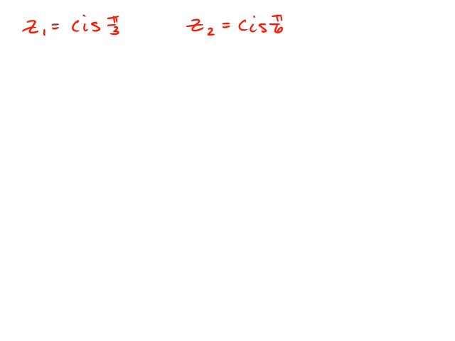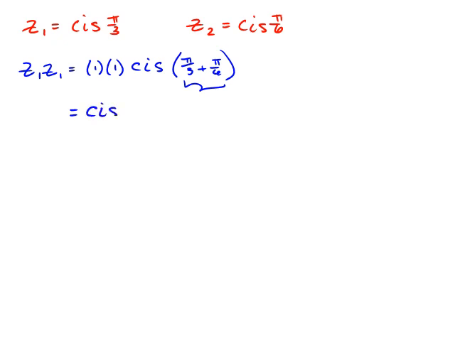So remember, when we find the product Z1 and Z2, we multiply the R's and we add the thetas. You should be able to add that and find that we end up with cis pi over 2 for the final answer.